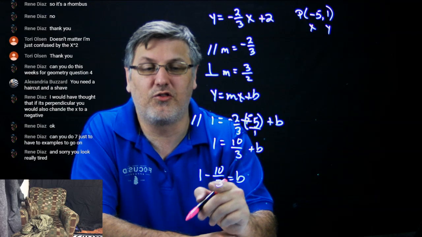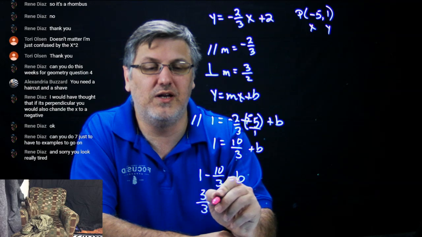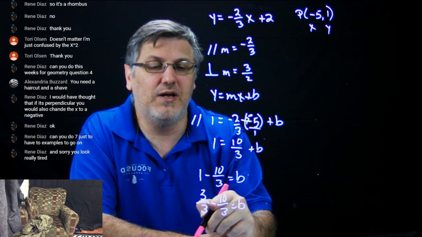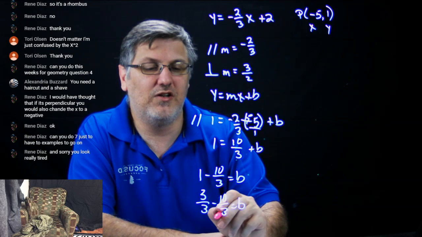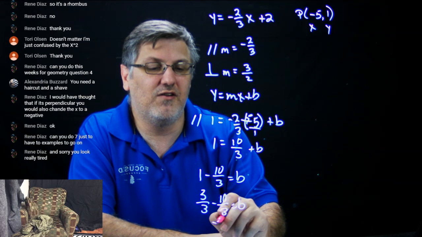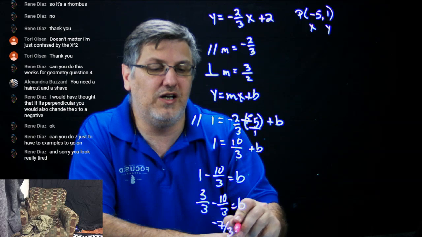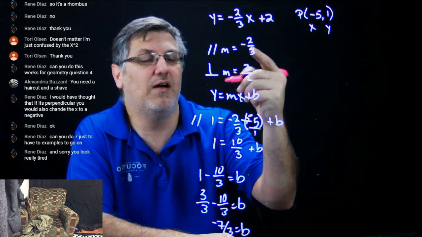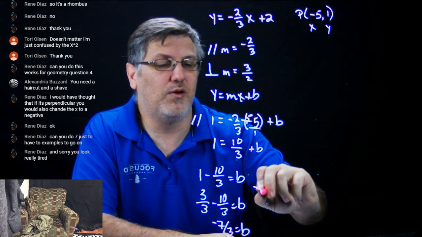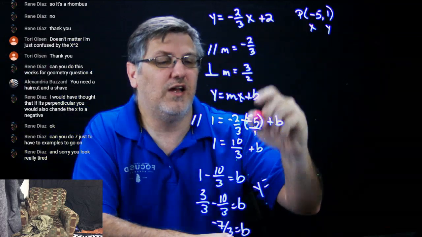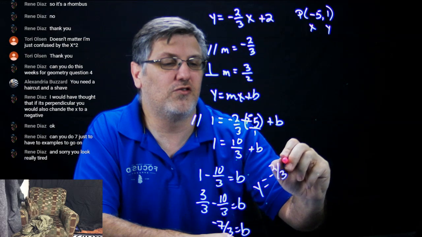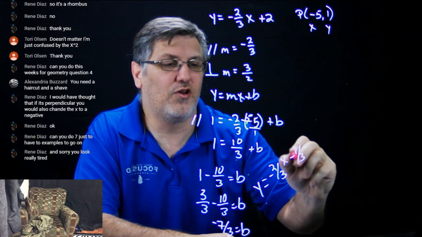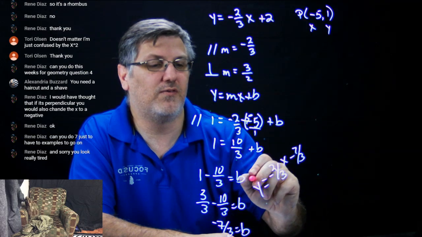I just look at my denominator 3, and I just write it as 3/3 minus 10/3 equals b. 3 minus 10 is for my top, is going to give me negative 7/3 equals b. Okay, so I have my b, I have my m, I write my equation. It's going to be y equals a negative 2/3 x minus 7/3. Okay, so there's my parallel.